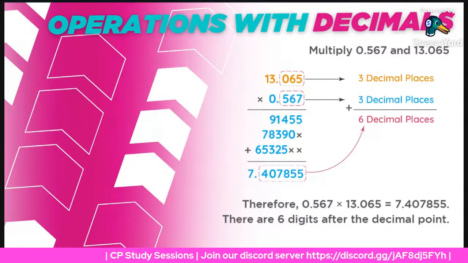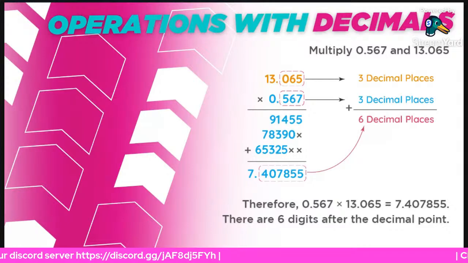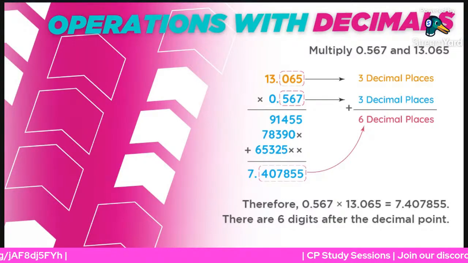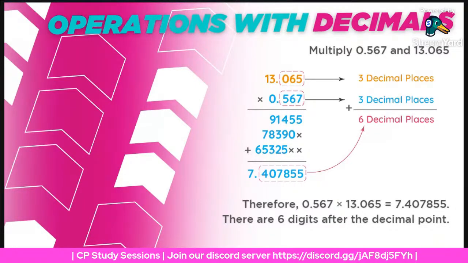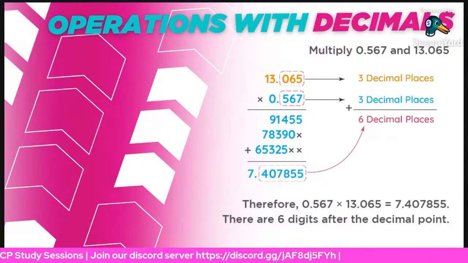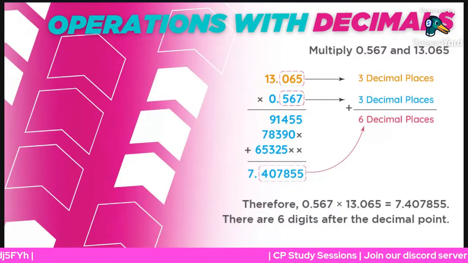The multiplication of decimals is para lang talaga siyang whole number. Pero ayun nga, we have to keep in mind yung decimal places. And therefore, 0.567 times 13.065 is equal to 7.407855.